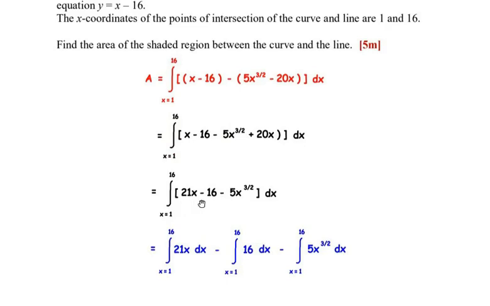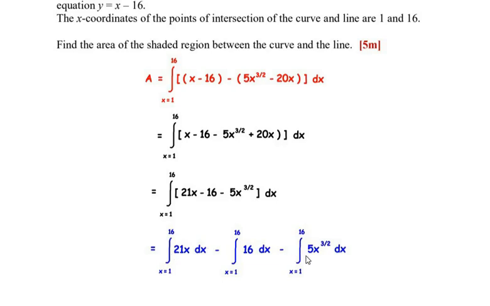Now integrating each term independently, we get integration of 21x dx minus integration of 16 dx minus integration of 5x to the power of 3 over 2. And the lower limit and upper limit for each term remains the same. That is x equal to 1 till 16.